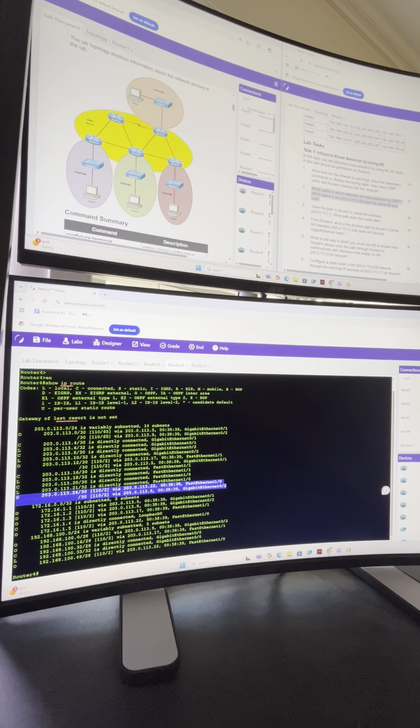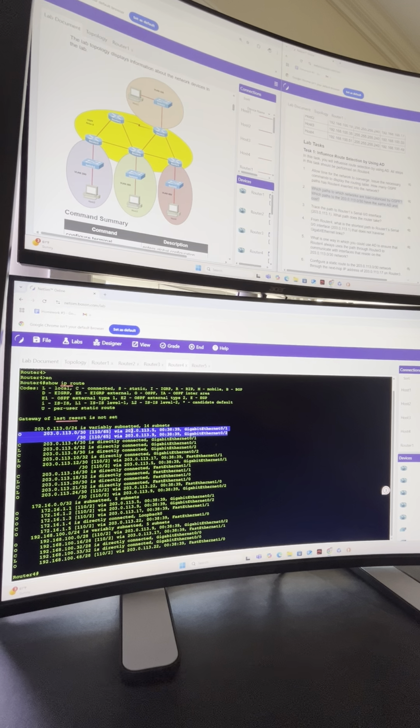All right. And the next question it asks, which paths to the 203.0.113.0/30 have the same AD and cost? So if we take a look at 203.0.113.0/30, that is this network right here within our routing table. And it says which path to 203.0.113.0/30 have the same AD and cost.